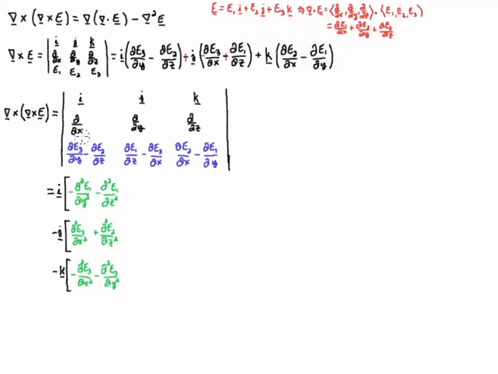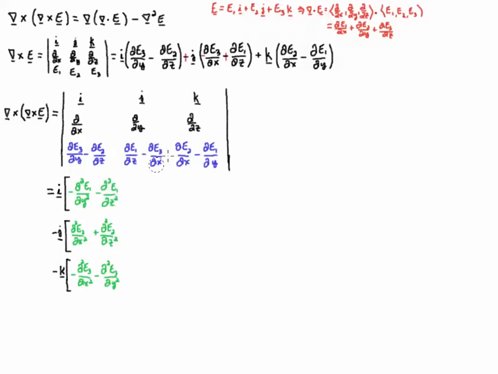Okay, so notice that in the i component we're going to take ddy, and it gets applied to this term here, but that's going to give us a minus d squared E1 dy squared. That's this term here. Then I'm going to apply ddz to this term here, and notice we have a dE1/dz, so that's going to give us that second partial here.